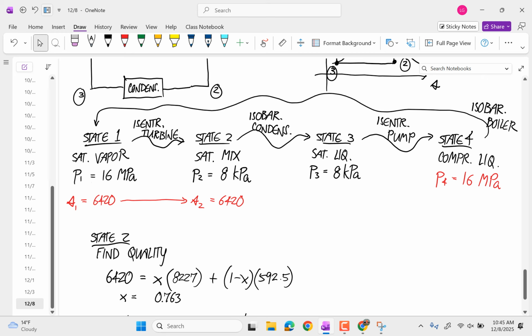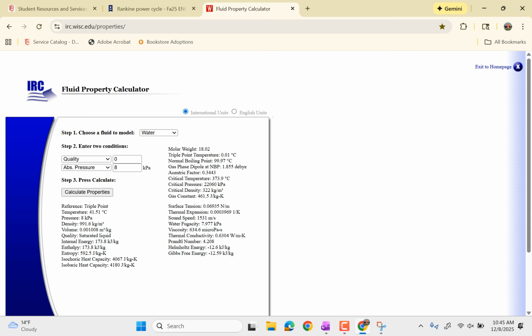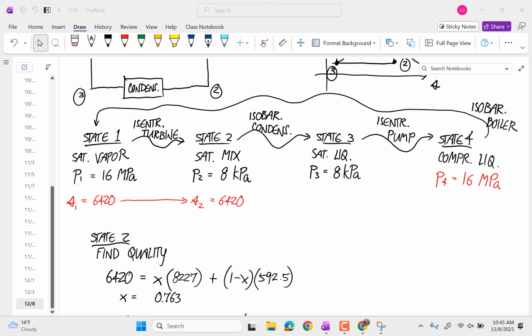States 1 and 3, we can just look these up. So a saturated vapor at 16 megapascals, so saturated vapor at a pressure of 1600 kilopascals is 2793 times 10 to the third in SI units.